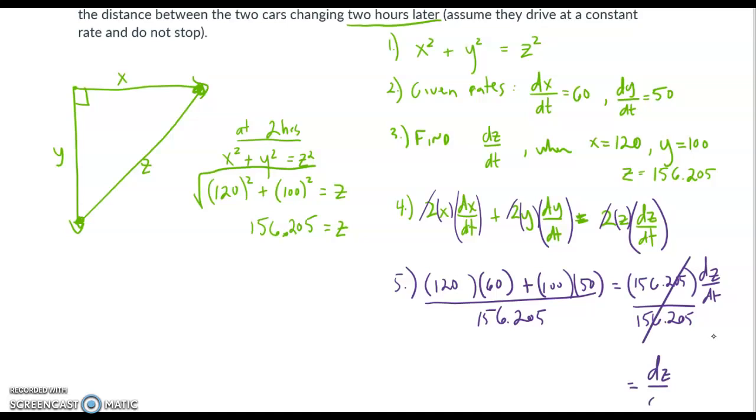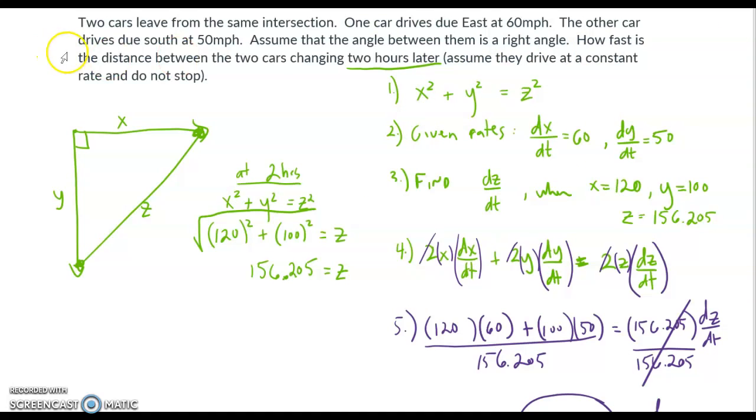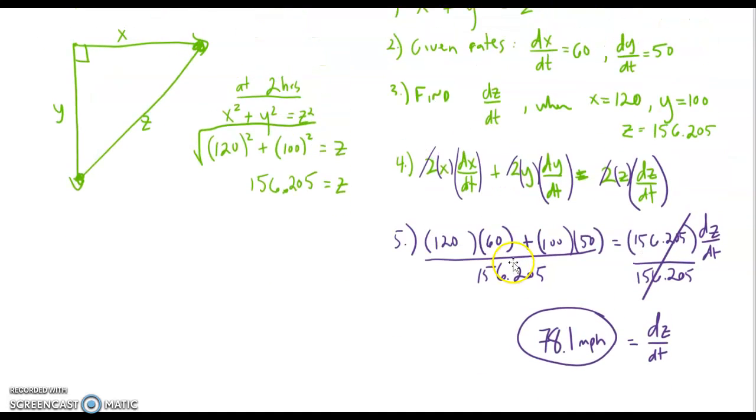And get my solution, plug that into my calculator, I get 78, and I'll round to 1 decimal place, 78.1 miles per hour. Okay, and we could state our answer, taking the wording from the question. The distance between the two cars is changing at a rate of 78.1 miles per hour.